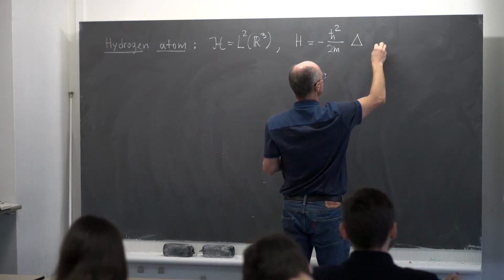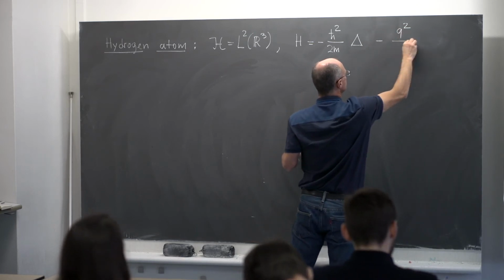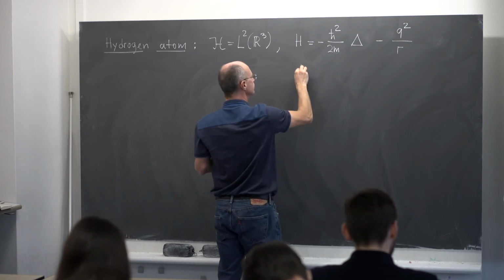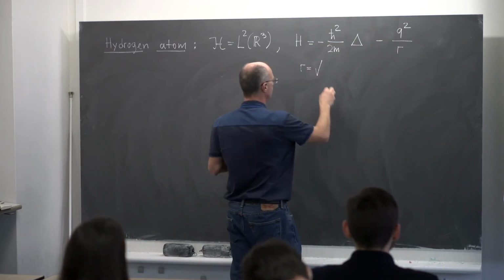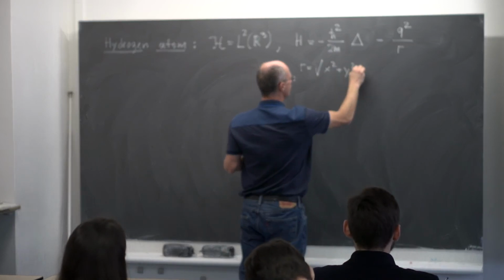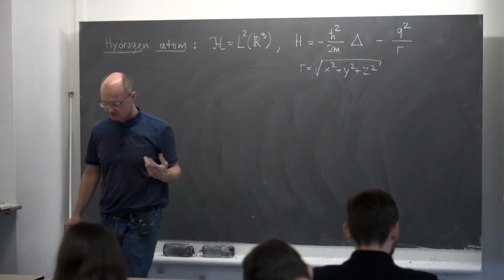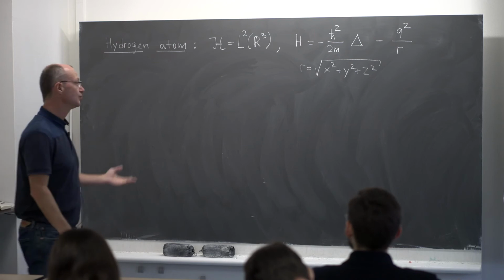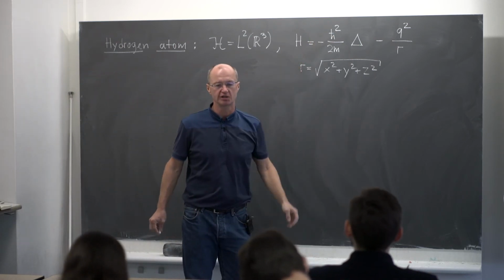Times the three-dimensional Laplacian, and minus 1 over r potential, where this q squared is the square of the elementary charge. So I just keep those constants to have some physics intuition about it. But in principle, in this example, we can again put all those constants equal to 1 if we want.